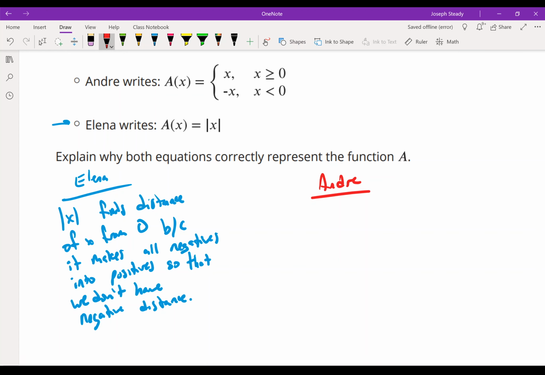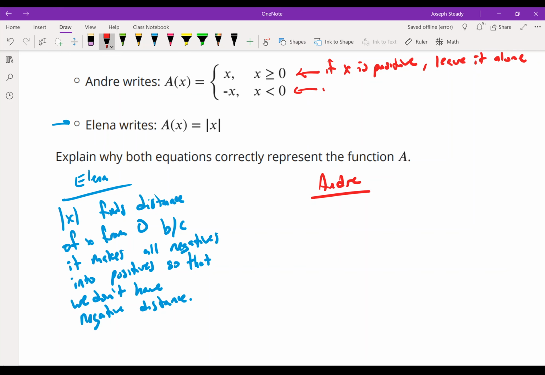For Andre, we can say something pretty similar here because we actually put this example in the last example as well. I want to focus on the two separate pieces of this. For Andre, if x is positive, we leave it alone. You just have the answer be whatever x was.